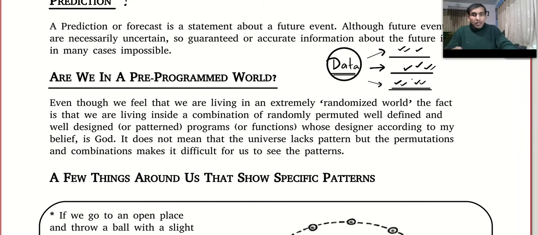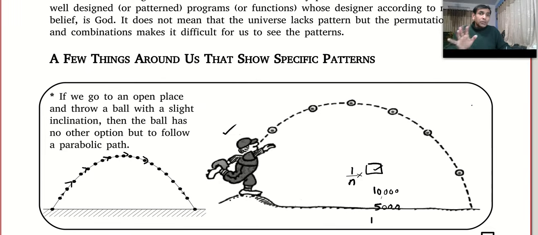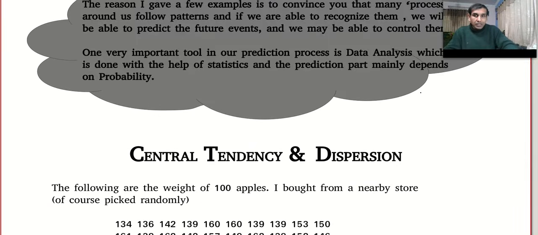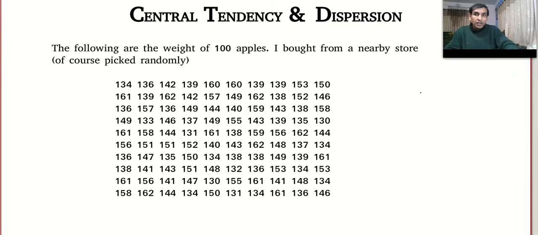Okay, now once you collect this information, the second thing is data processing. Look at this, I'll show you one data. These are the weights of 100 randomly picked apples. It is in gram.